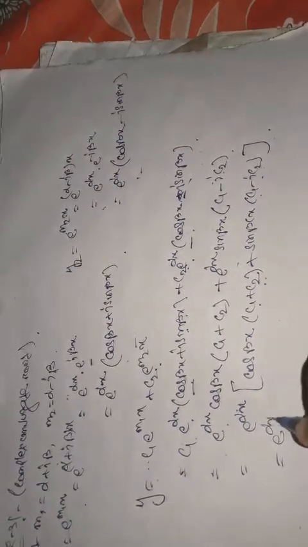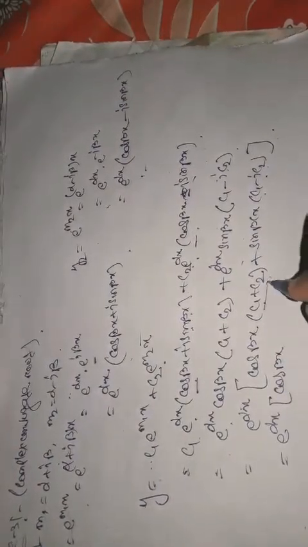Here c1 and c2 both are constants. Here also c1 plus i c2 and c1 minus i c2 are constants. So for cos beta x, the coefficient is constant, so we take a, an arbitrary constant. For sin beta x, we take any arbitrary constant b.